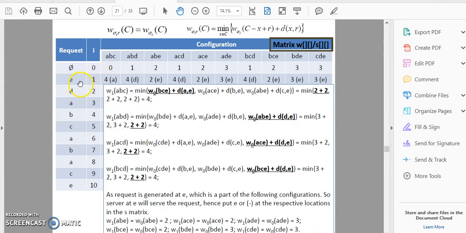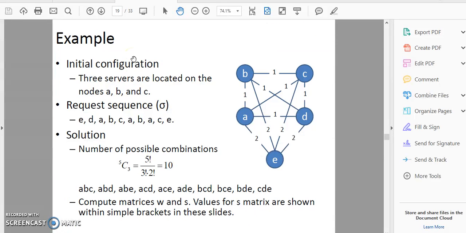Now suppose the next request at E came, and the initial configuration is ABC. So either we need to move A to E, or we need to move B to E, or we need to move C to E, because the request is coming at E and the initial configuration is ABC.